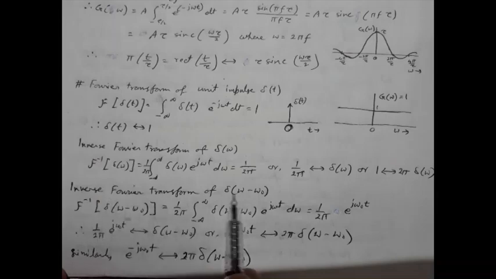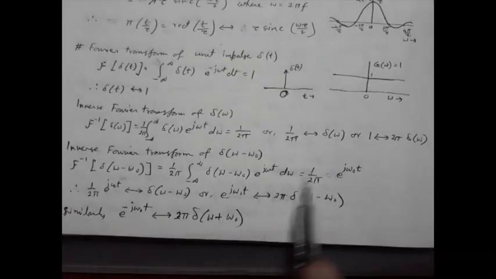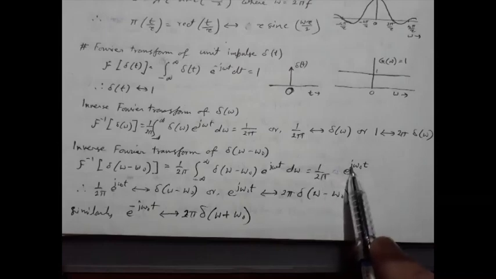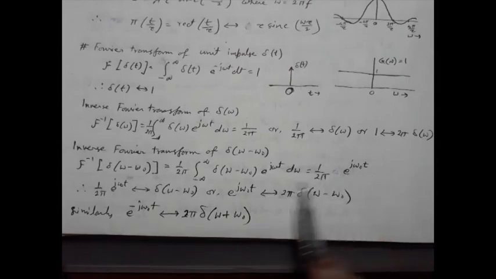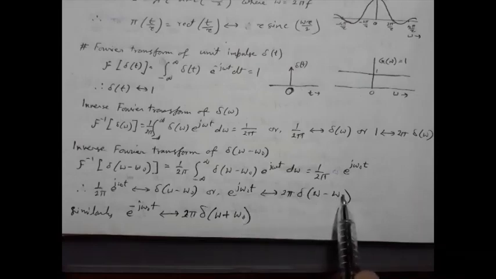Inverse Fourier transform of delta(omega minus omega 0) is 1 by 2 pi e to the power j omega 0 t. So e to the power j omega 0 t has Fourier transform 2 pi delta(omega minus omega 0). Similarly, the Fourier transform of e to the power minus j omega 0 t is 2 pi delta(omega plus omega 0).